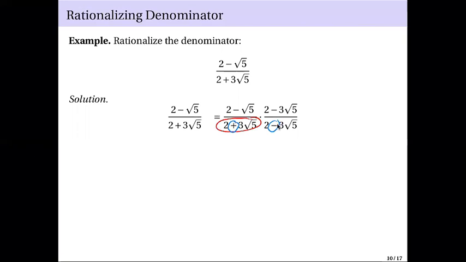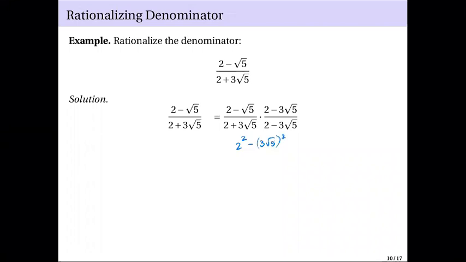And that's what you're going to do in both the numerator and denominator. And when you do this, what will happen is you have 2 squared minus 3 square root of 5 quantity squared.